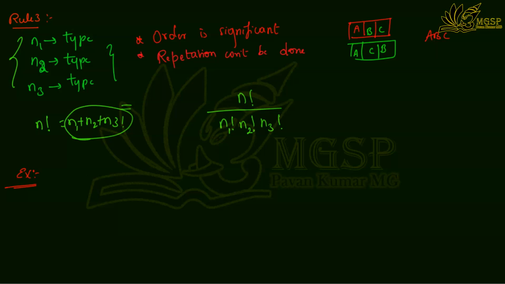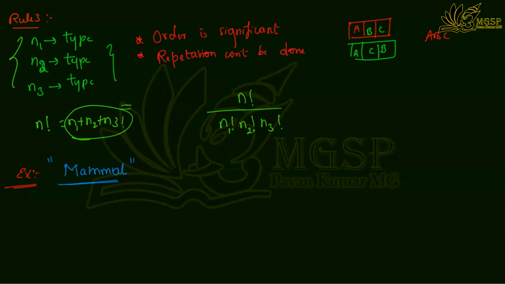Suppose consider a word, we usually consider one word, that is MAMMAL. This is the word. In how many ways can this be arranged?